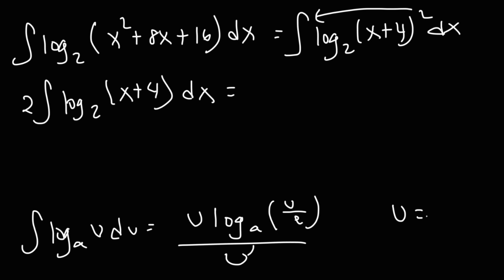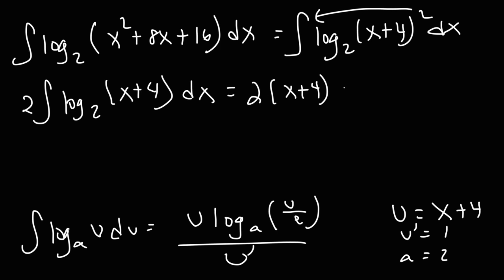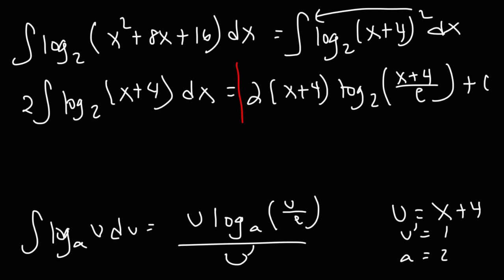So in this example, u is x + 4, u prime is 1, a is equal to 2. So it's going to be 2 times u, which is (x + 4), log base 2 of (x + 4) over e, divided by u prime, which is 1, and then plus c. So this is the final answer.